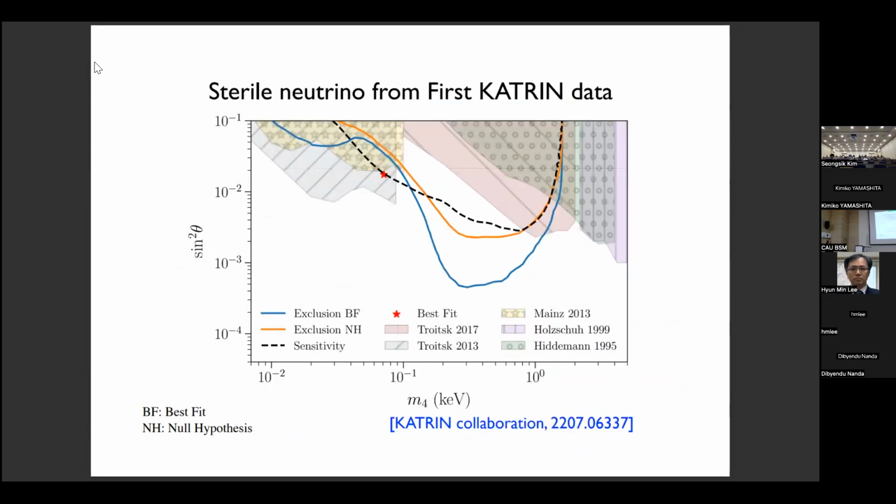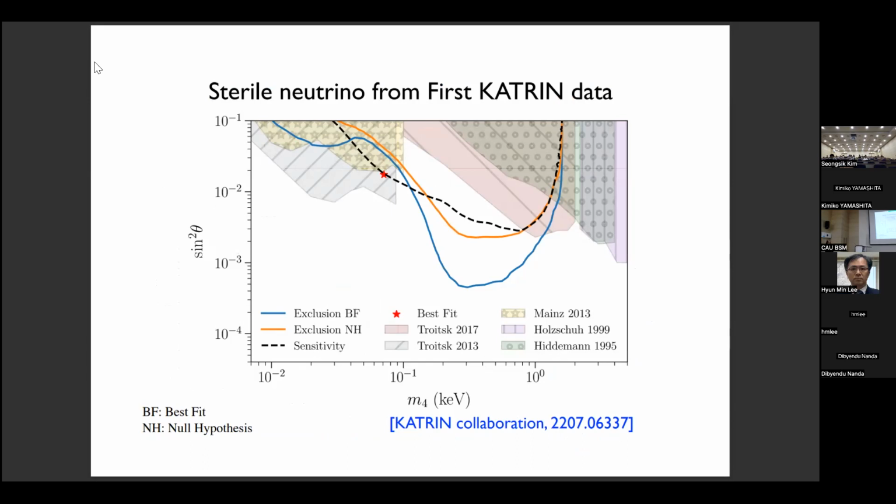Actually, from KATRIN data, they announced this year, in July, the constraint on the mass of the sterile neutrino and its mixing to the electron neutrino. Depending on how one excludes, it's this kind of red line or blue line.